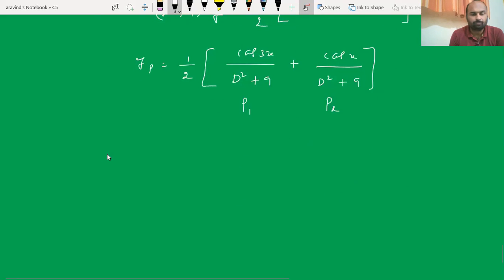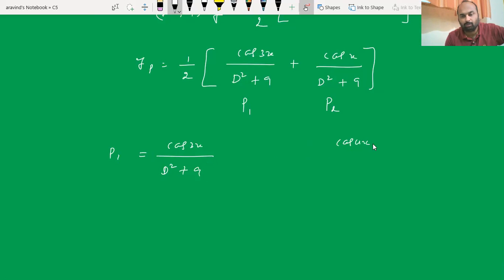So P1 is equal to cos 3x by (D square plus 9). Now, whenever it is cos ax in the numerator, we substitute D square is equal to minus a square.